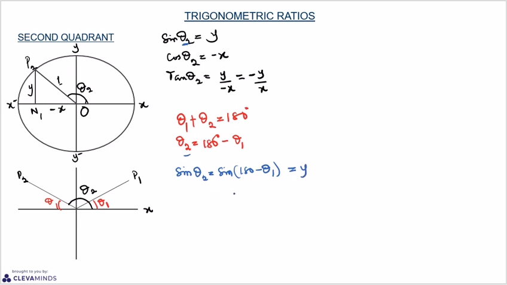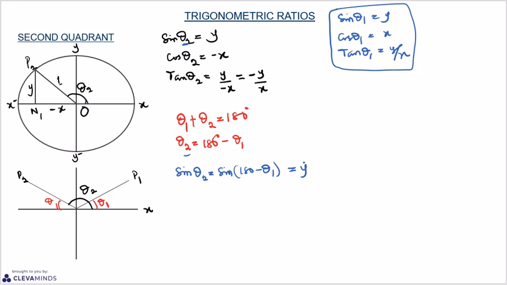And remember in the first quadrant, I told you to take note that sine theta 1 is equal to y, cos theta 1 is equal to x, and tan theta 1 equals y over x. This was the conclusion in the first quadrant. So now you can see y is the same thing as sine theta 1. Are you with me? Good.